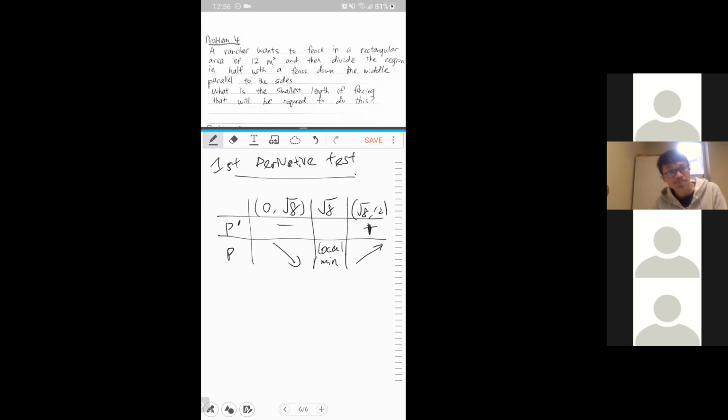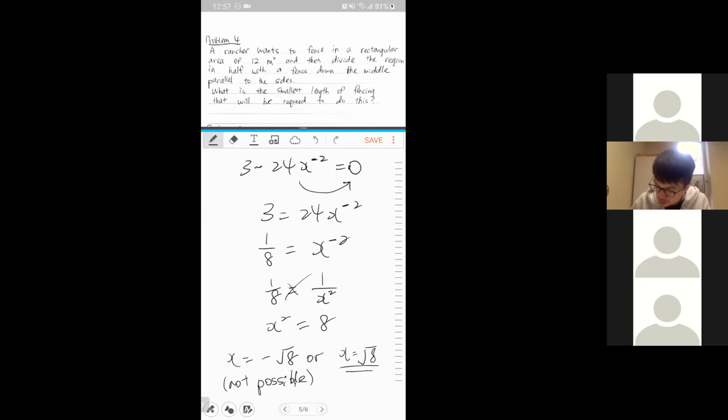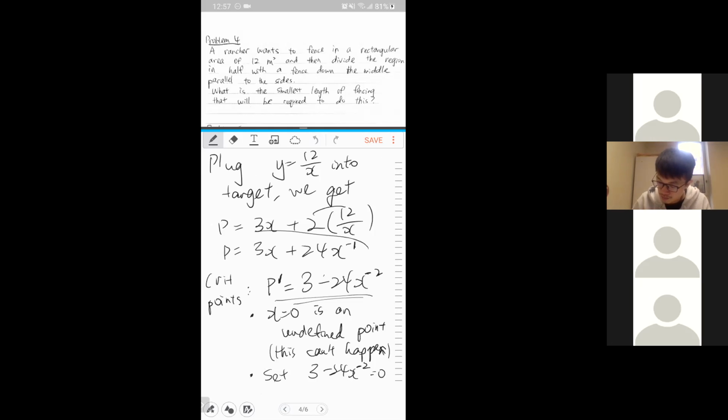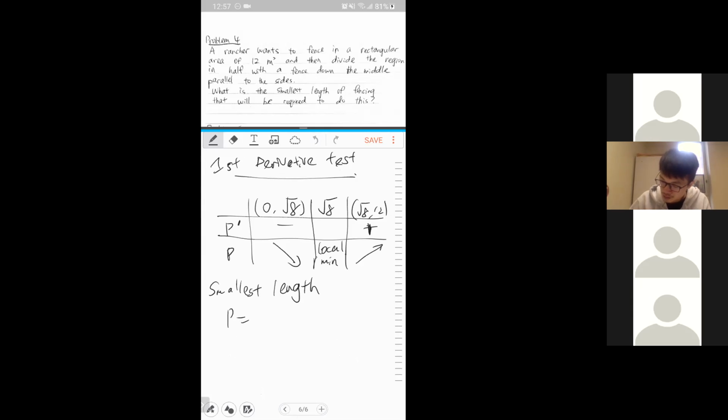Are we done yet? So it's asking for the smallest length of fencing. Once you find out the local min, you need to plug that into the p function. So the smallest length would be p equals 3x plus 24 times x to the negative 1.